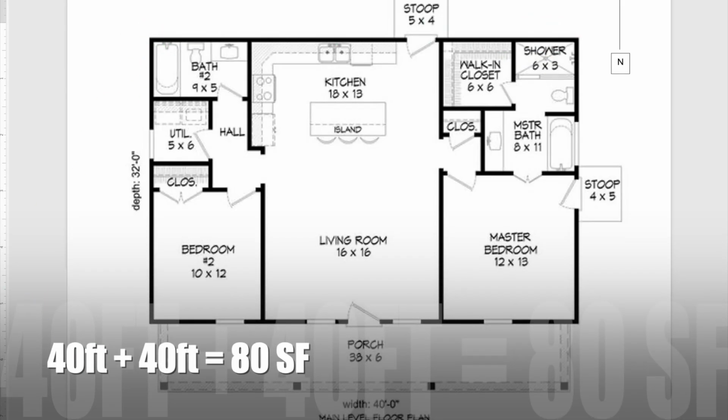Let's add it up on paper real quick so we can see what's going on here. Okay, so we have a total of 32 plus 32, so those are the 2 sides of the house.